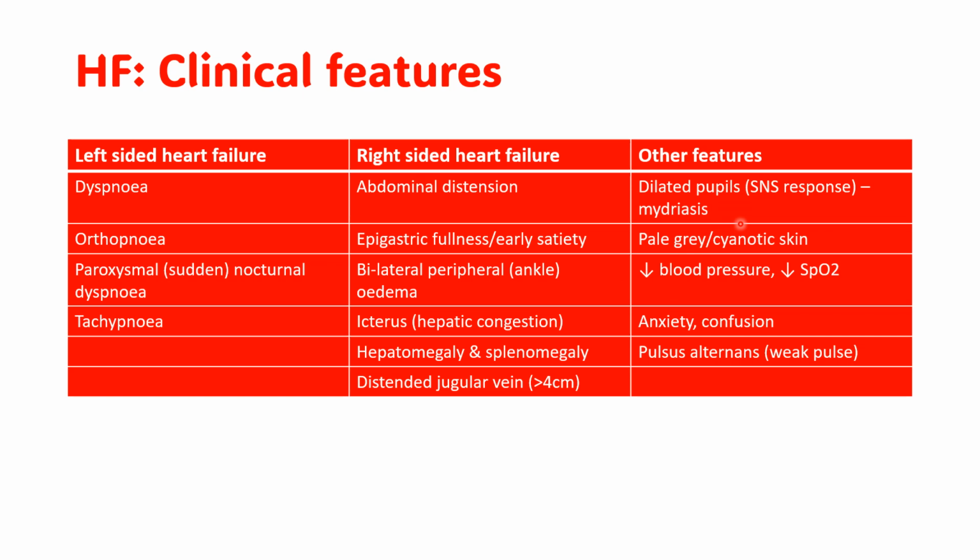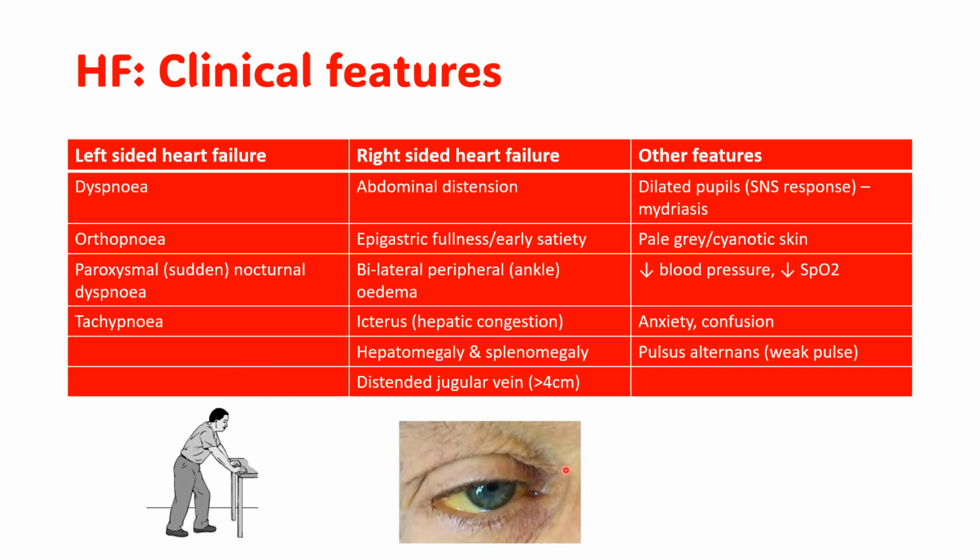So essentially, those are some of the clinical features. Here we've got someone who's quite short of breath. Here we've got a yellow sclera, which is called icterus, and that can happen if you've got a right-sided problem.